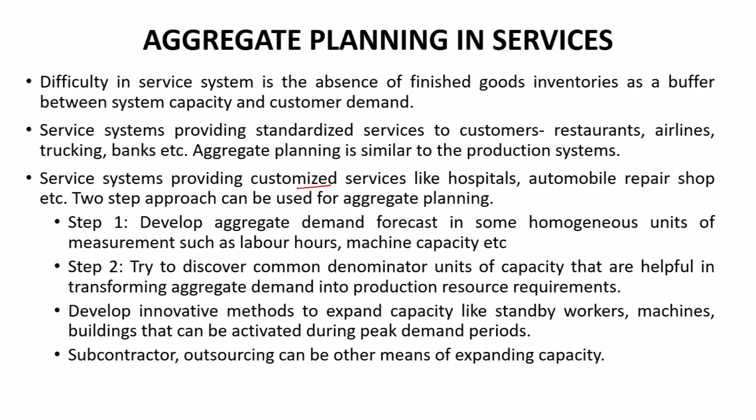In step 1, we develop the aggregate plan, with demand forecast in some homogeneous unit of measurement such as labor hours or machine capacity. In step 2, we discover the common denominator unit of capacity. Demand and capacity are both converted into a homogeneous unit, and then we see how to match demand with the production requirements.